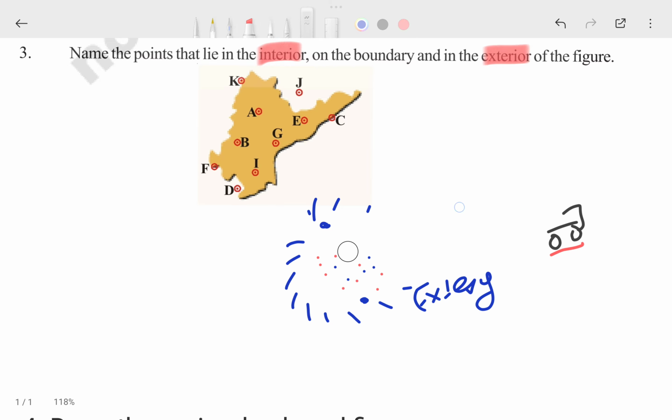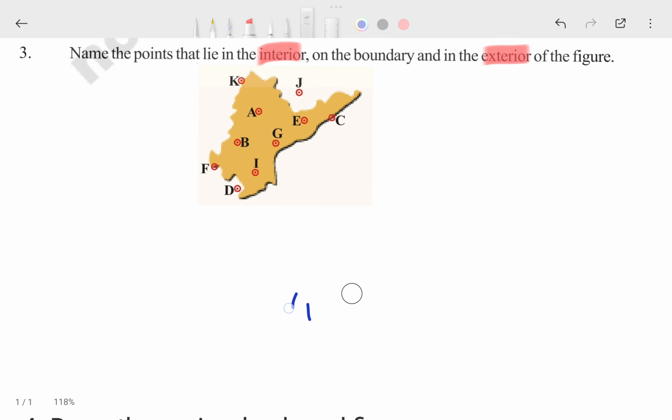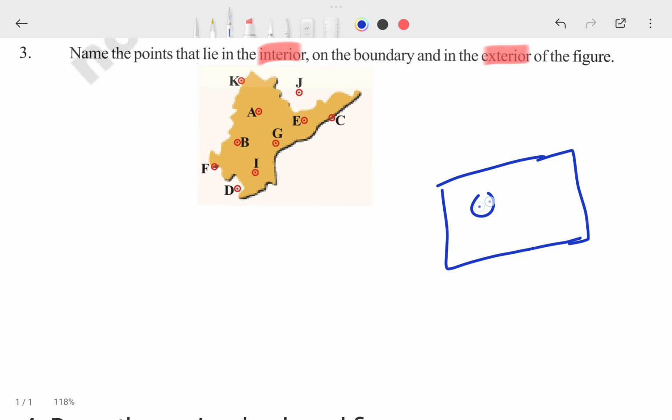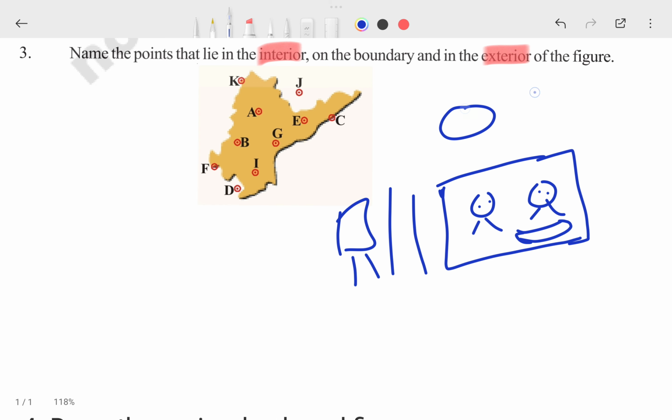Okay, is it clear? If it is not clear, then I will make it clear. Let's suppose this is a park. In this park children are there, playing something. And outside there are roads, malls, tiffin centers and a garden.